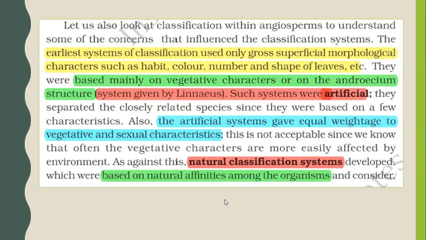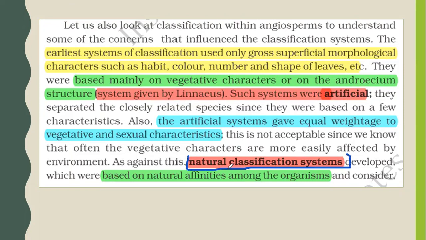Okay, that was asked in a previous year NEET exam, and students thought it was a wrong statement because initially we study that it is based on the gross morphological character and laid emphasis on the vegetative characters. But here itself it has been mentioned it is based on the androecium structure even. And this type of artificial classification was given by Linnaeus. Number one. Next one, the artificial system of classification gave equal weightage to both vegetative and sexual characteristics.